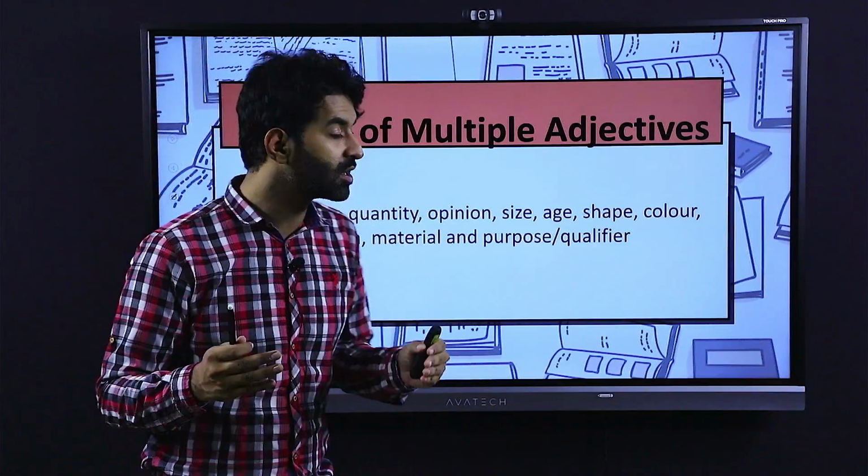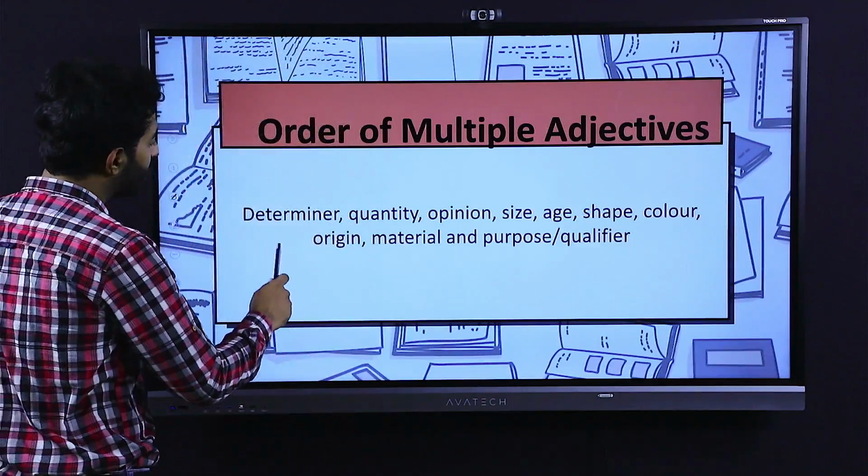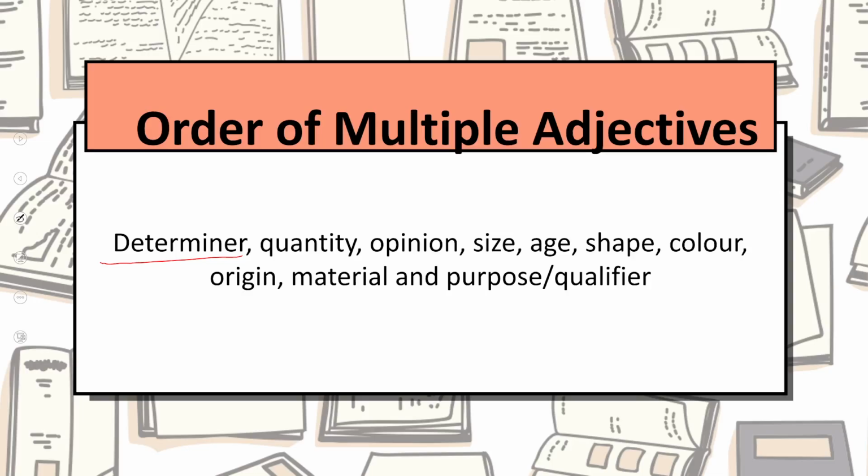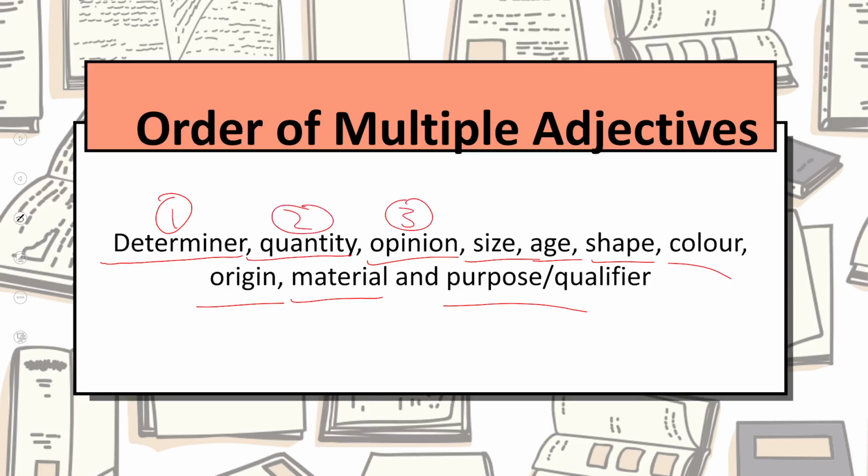There's a chronological order. First you will use determiner, then the quantity, opinion, size, age, shape, color, origin, material and purpose. So 1, 2, 3, then size, age, shape, color, origin, material and purpose.